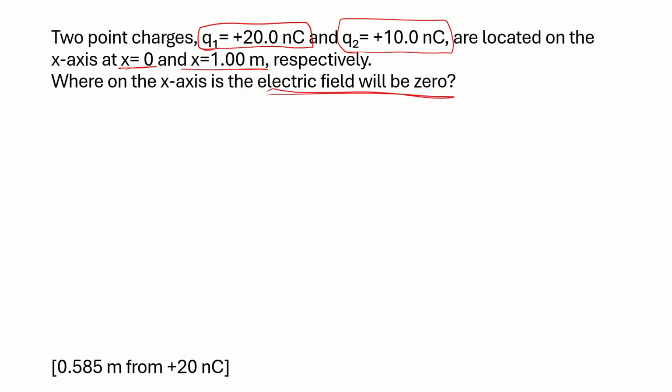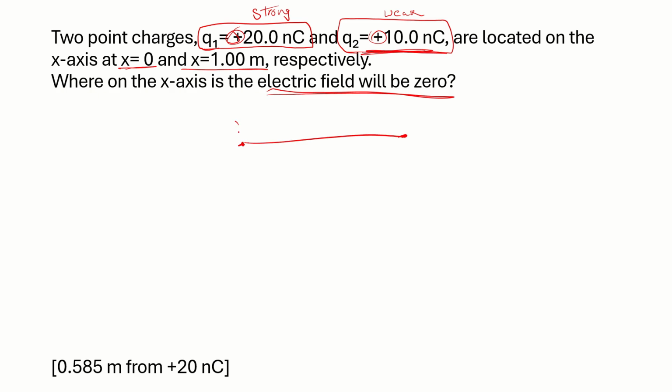Very clear, both are positive. It means like charges, and one is the strong charge, another one is the weak charge. As per the statement, the zero electric field point is present between the two charges and closer to the weak one. Okay, so we can assume like this.